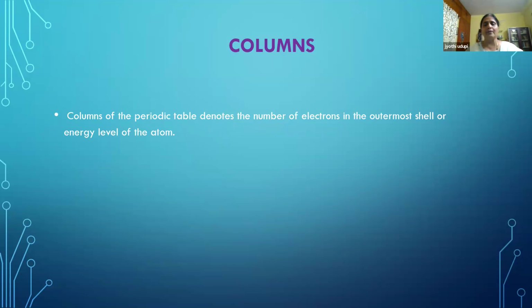So now rows are over, we'll be talking about columns. Columns of the periodic table denote the number of electrons in the outermost shell or energy level of the atom.